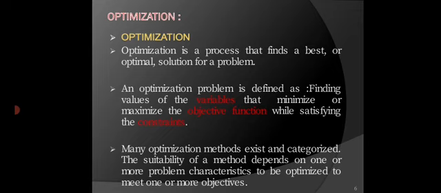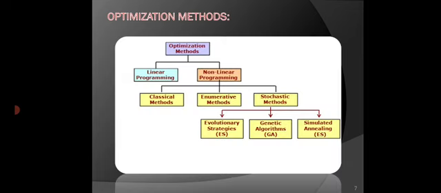Many optimization methods exist and are categorized. The solution of the model depends on one or more problem characteristics to be optimized to meet one or more objectives. So here these are the methods of optimization.